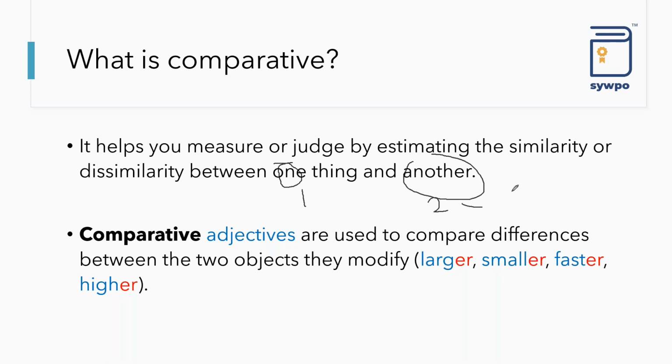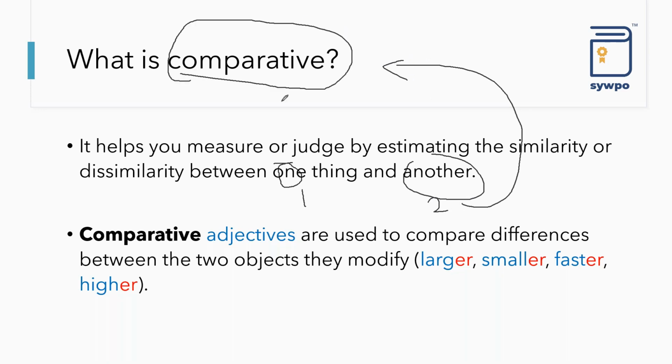When we talk about two things and we talk about their similarity or differences, we need comparative adjectives. So you can see here again, more explanation is done right here, and that is comparative adjectives are used to compare difference between two objects.